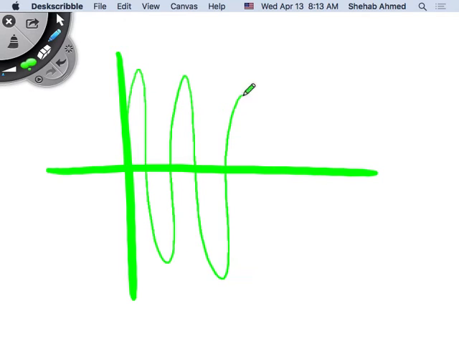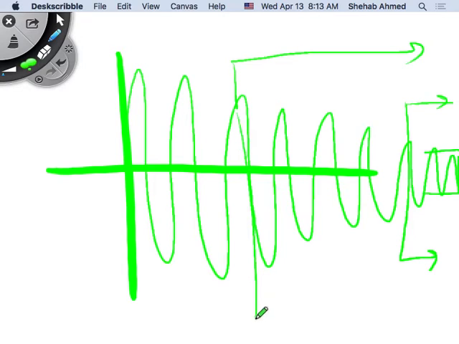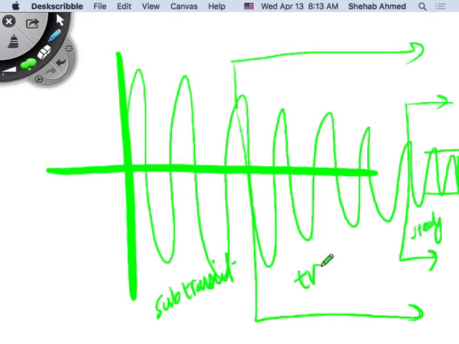It will become very high and then slow down and go to some steady state value of current. So this is where the steady state synchronous impedance value is, a few cycles after the very high peak current. This is subtransient, and this is transient.